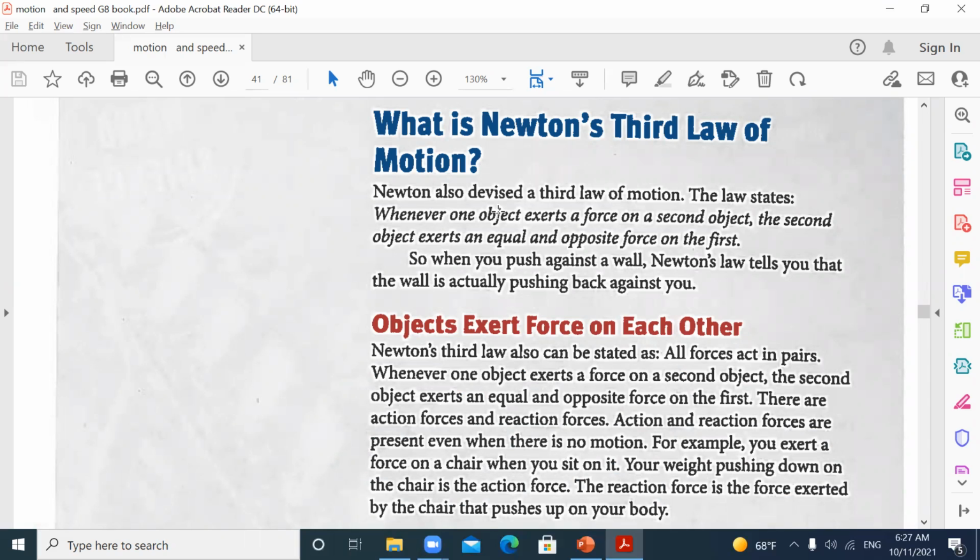Newton also devised a third law of motion. The law states that whenever one object exerts a force on a second object, the second object exerts an equal and opposite force on the first one. So when you push against a wall, Newton's law tells you that the wall is actually pushing back against you.